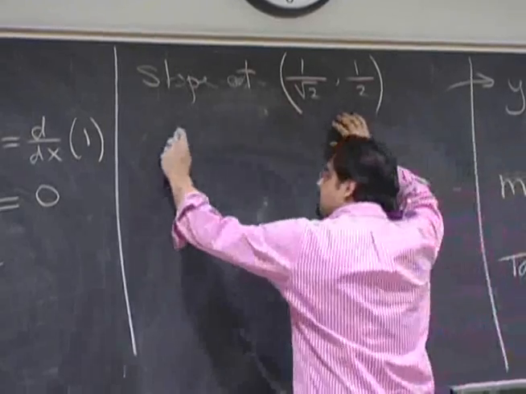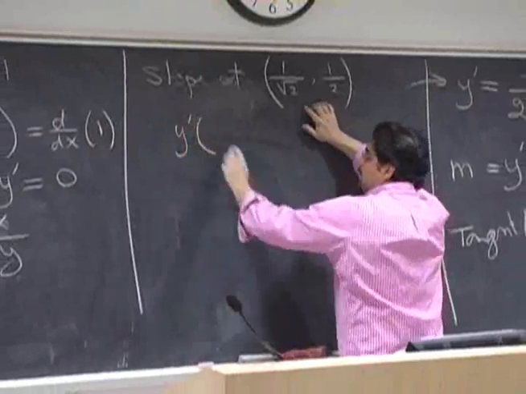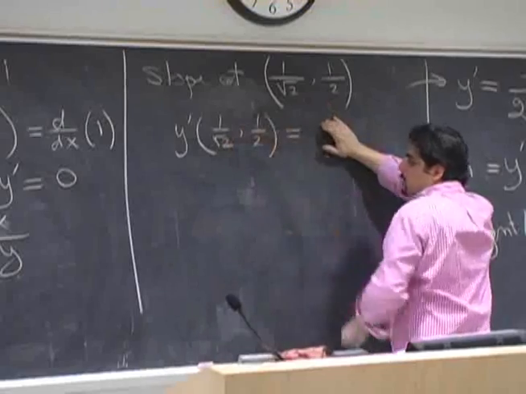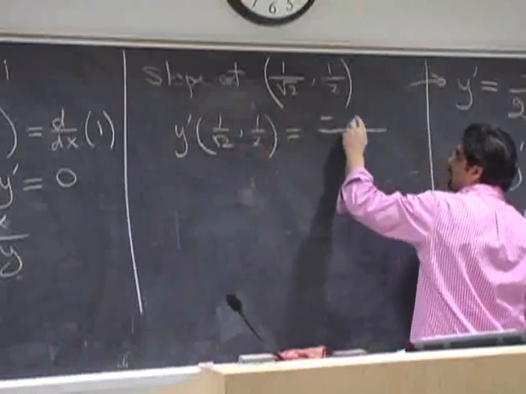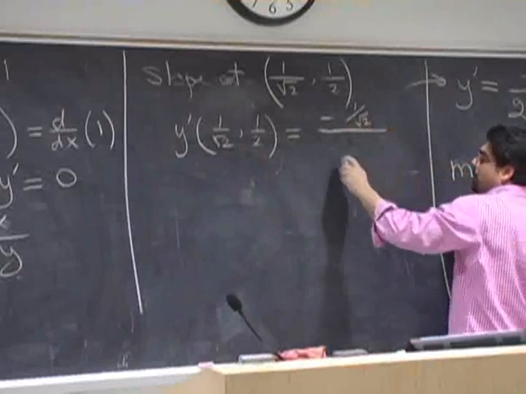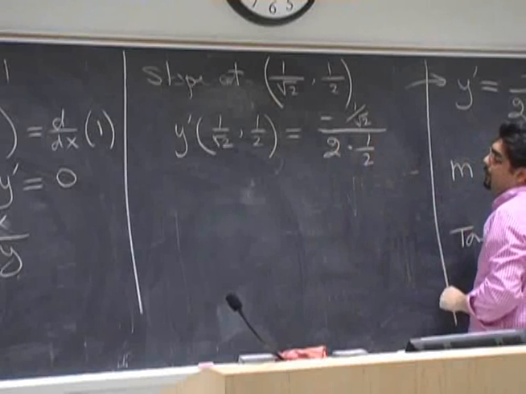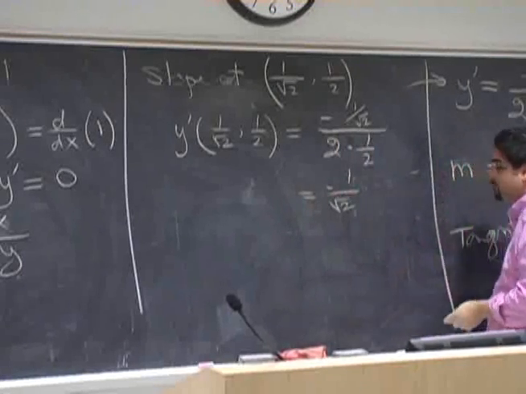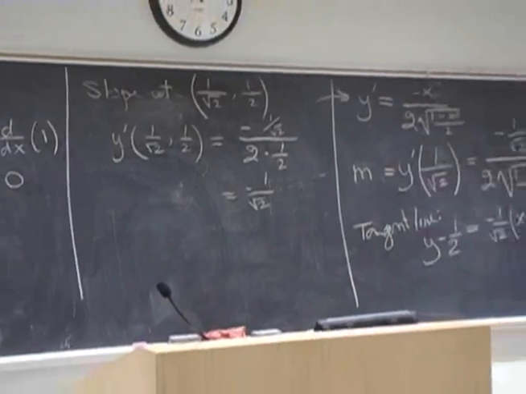In other words, I want y prime evaluated at this x value and this y value. So this expression is perfectly fine. Negative x over 2y, which is negative 1 over square root of 2, as before. With much less work.